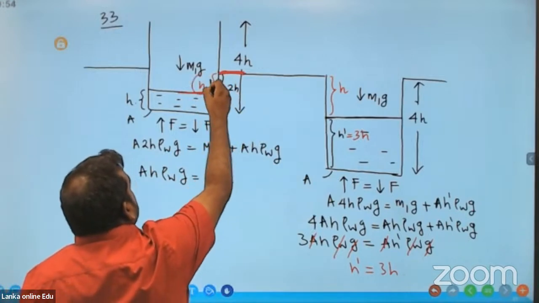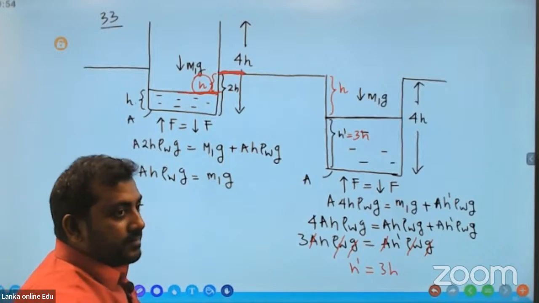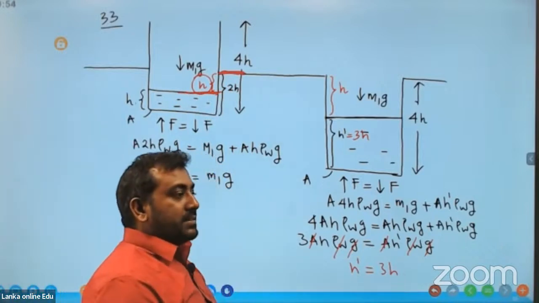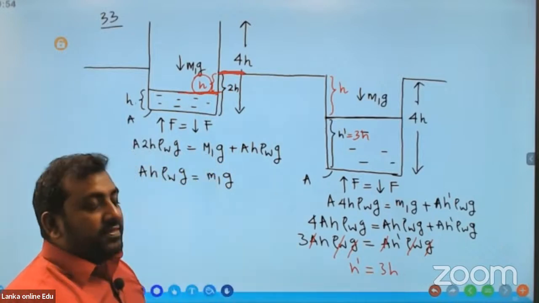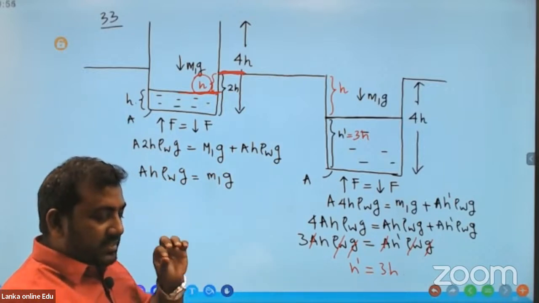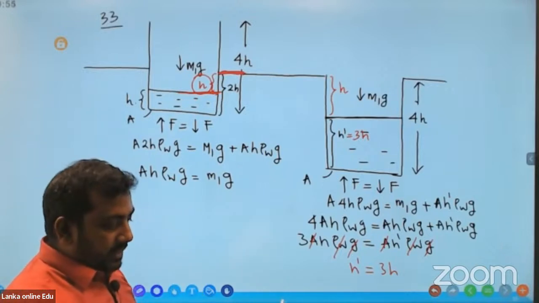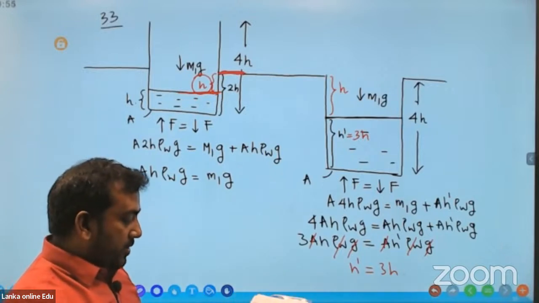As long as this outer level and inner level difference is constant, sinking will not take place. But when the difference starts to reduce beyond that, guaranteed, sinking will take place.